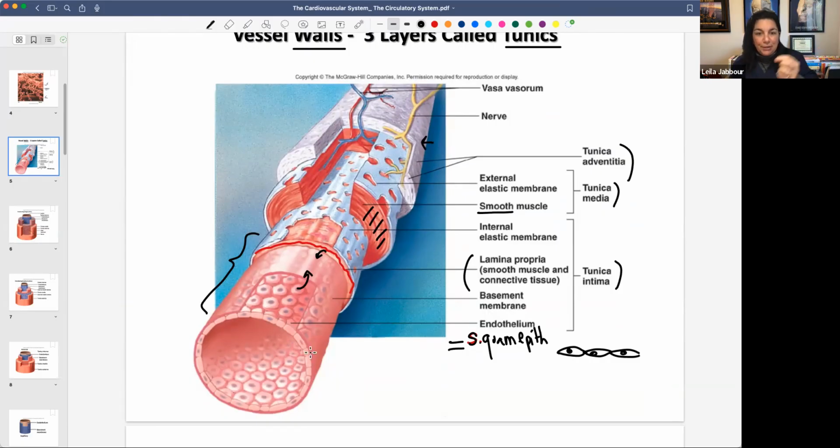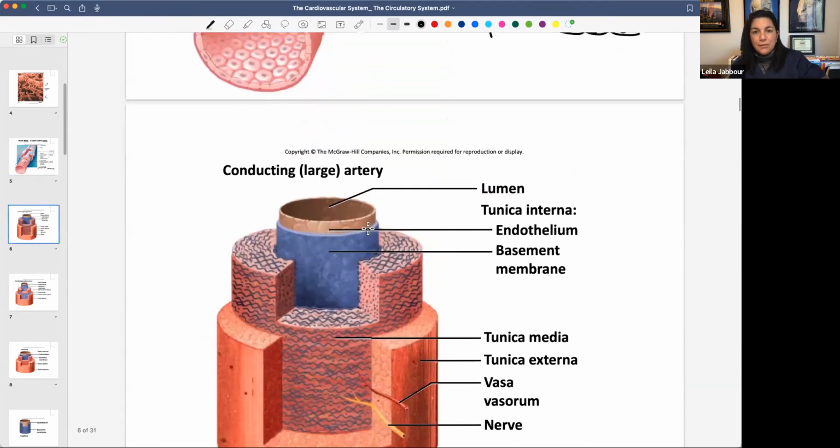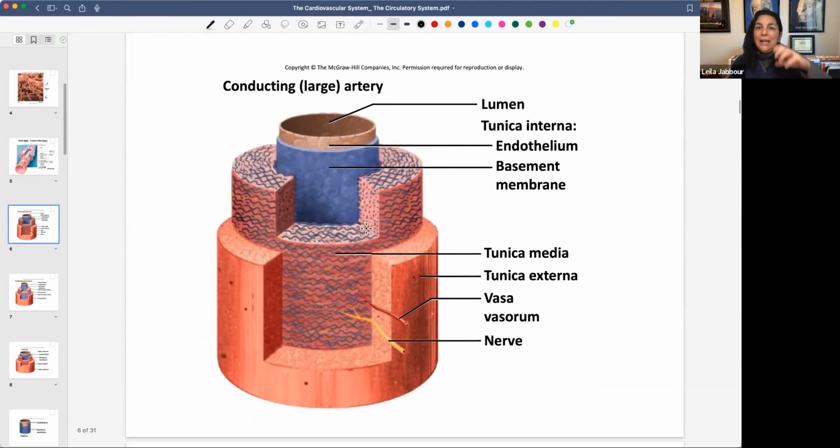That's the definition of epithelium. Then there is smooth muscle in the tunica intima, more smooth muscle in the media, and then the adventitia. For each vessel, there will be a slightly different variation of all of that.